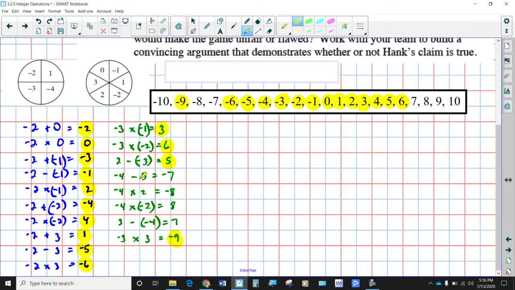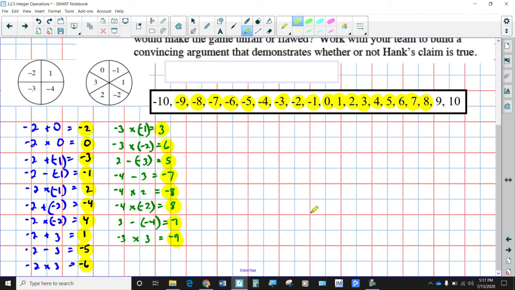So -4 minus 3 is the same as -4 plus a -3, which is -7. -4 times 2 is -8. Taking -4 times -2 was +8. Taking 3 minus the -4 is the same as 3 plus +4, which is 7.